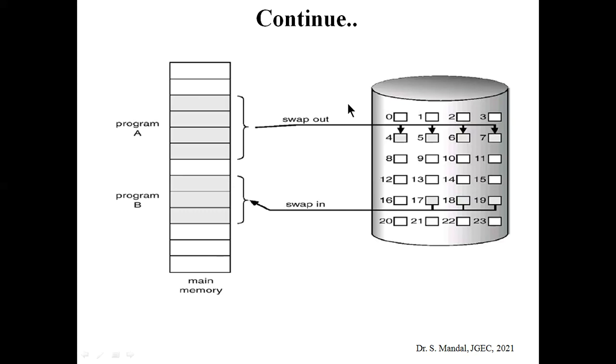That process is swap out, and we can load other pages into that free memory location. You can see that program pages for program A can be stored into the 4, 5, 6, 7 secondary storage locations, and we can again load the 17, 18 and 19 pages into the main memory for program B.